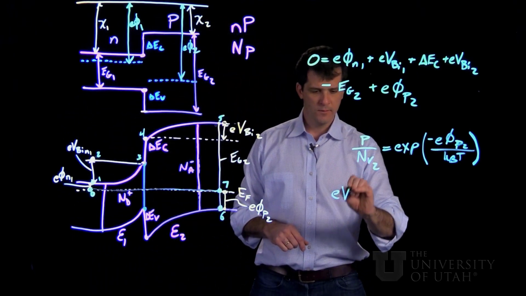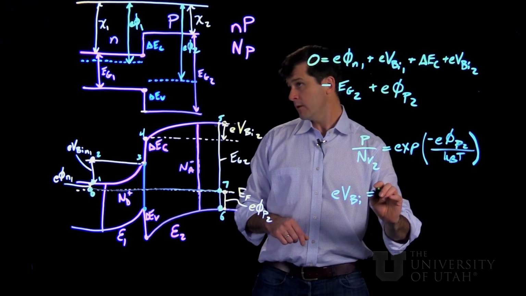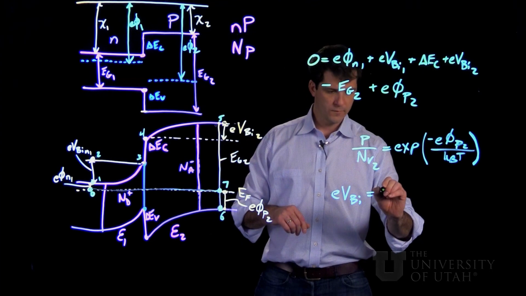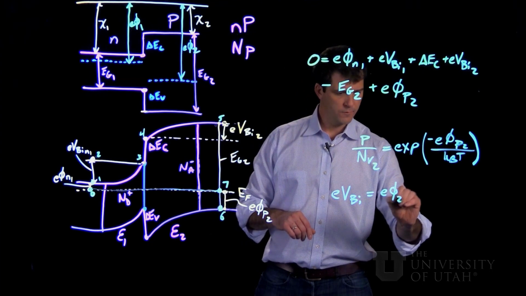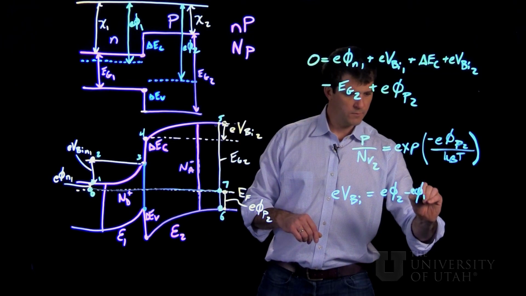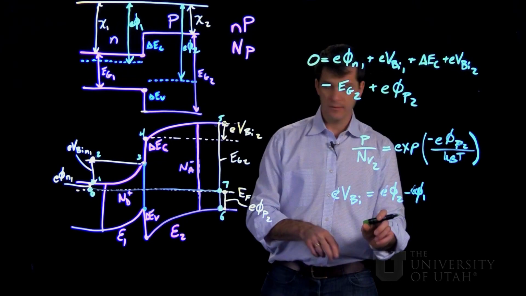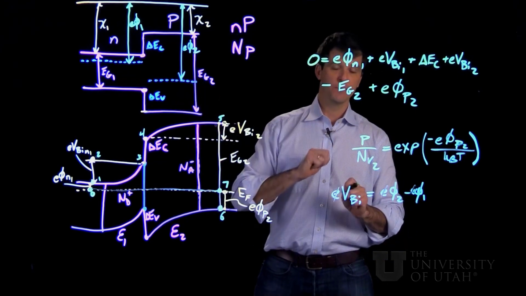So if we have E V built-in total, this is going to be the difference in these two, so E phi 2 minus E phi 1. So we can drop the e's here and see that the work function difference is exactly the total built-in voltage.